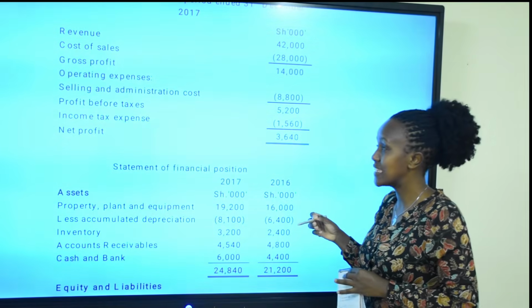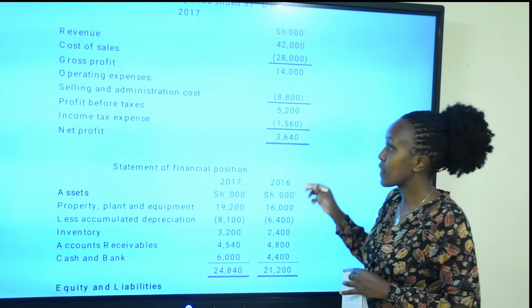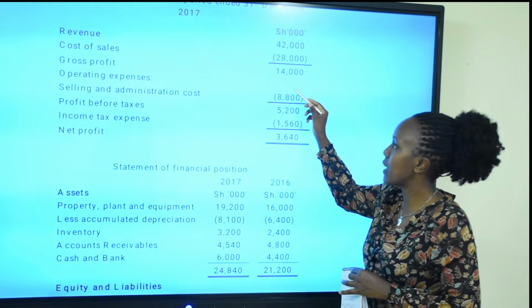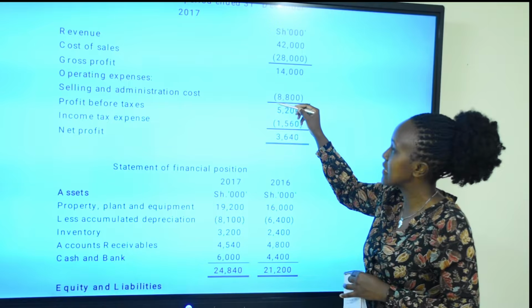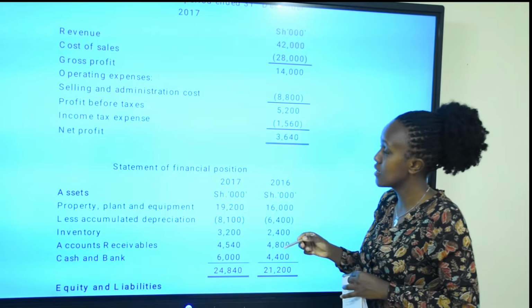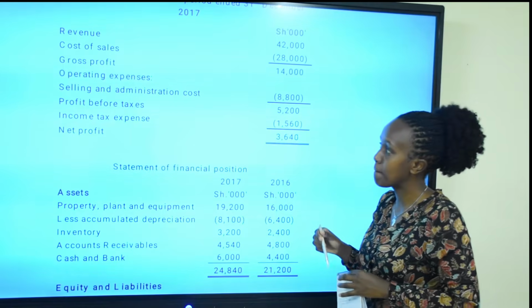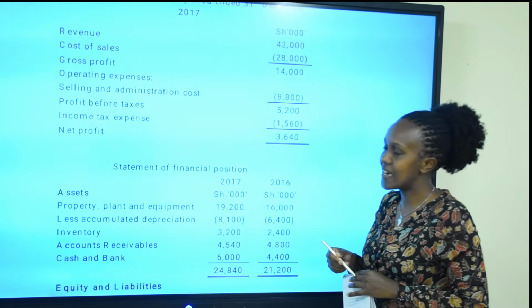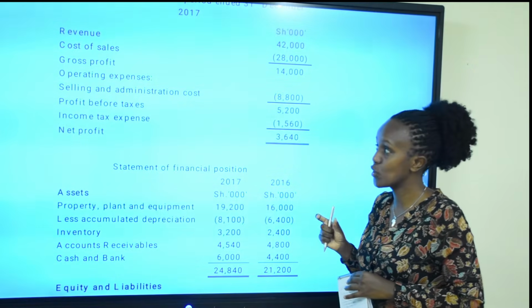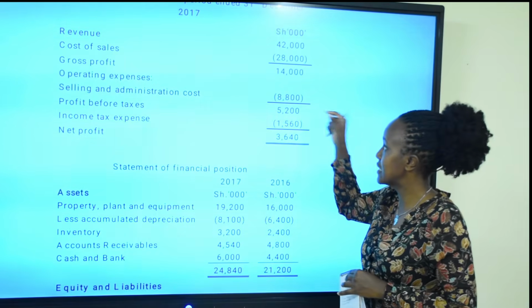It is part of what was subtracted under the selling and administration cost as 8,800. It is inside that figure, meaning we are going to be adding back the depreciation because it has already been subtracted as an expense.